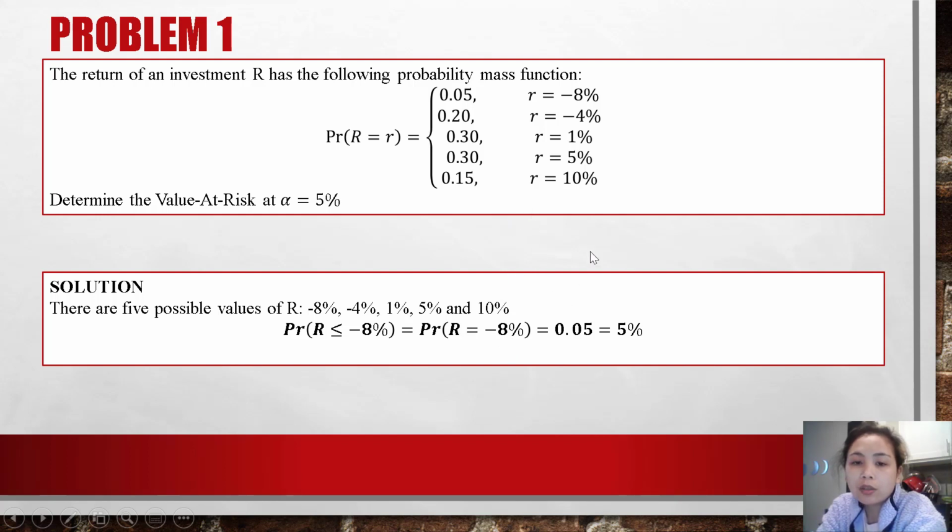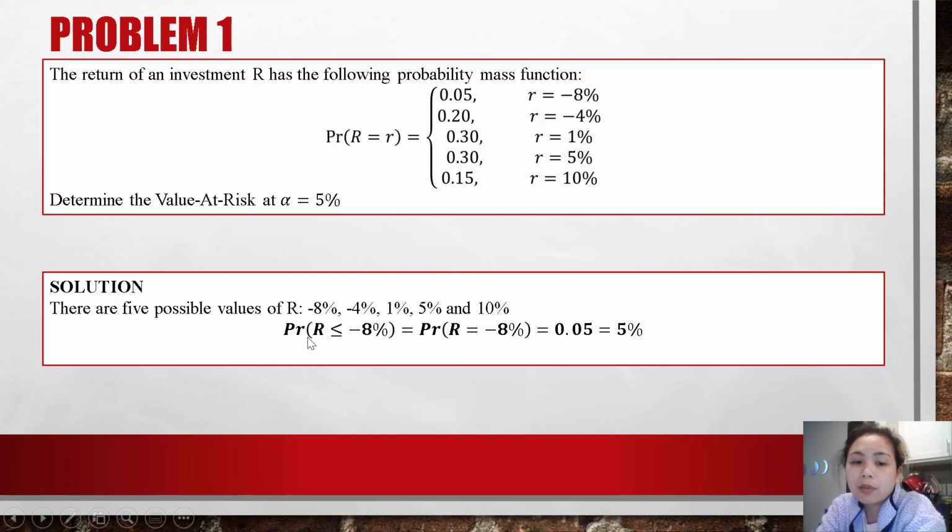Because we have only 5 values of R, and negative 8% is the only value that falls into the negative infinity to negative 8% range. So that's why this probability is exactly the mass function probability, and it is 0.05, or 5%.